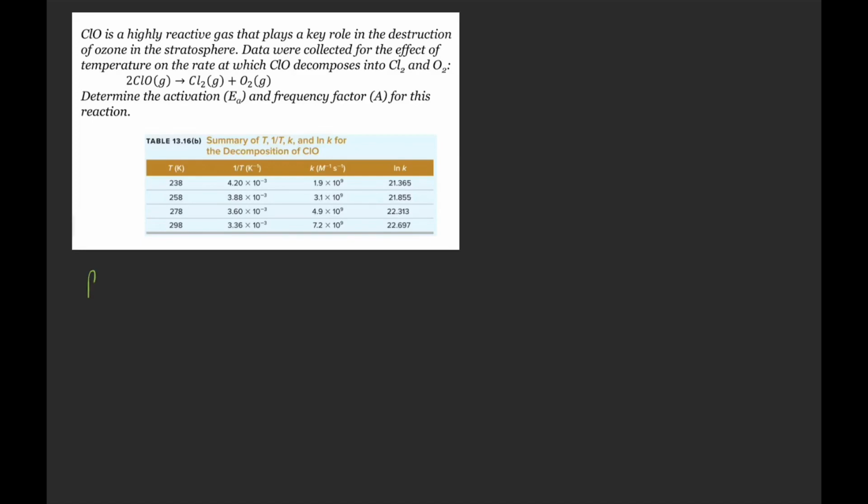Based off of the Arrhenius equation that we wrote down on the previous page, we can identify that when we plot ln k versus 1 over T, we're going to have a slope which is equal to minus the activation energy over the gas constant R, and an intercept which is equal to the logarithm of our frequency factor.